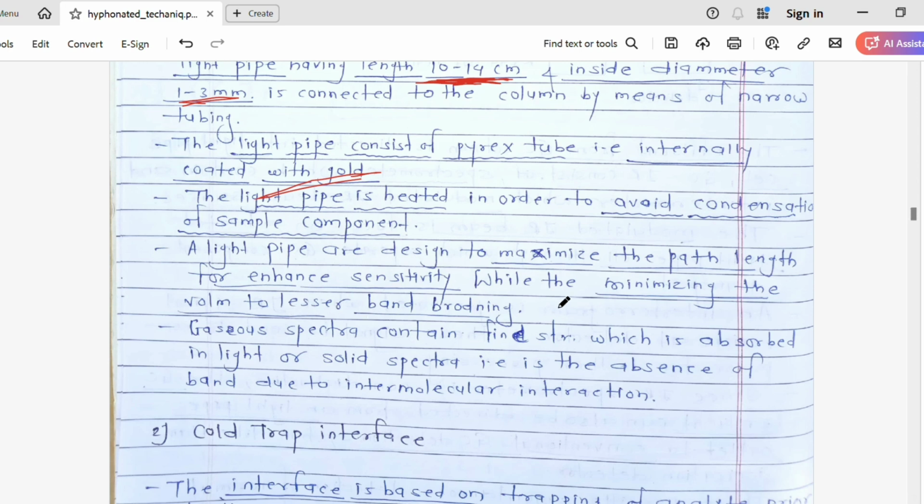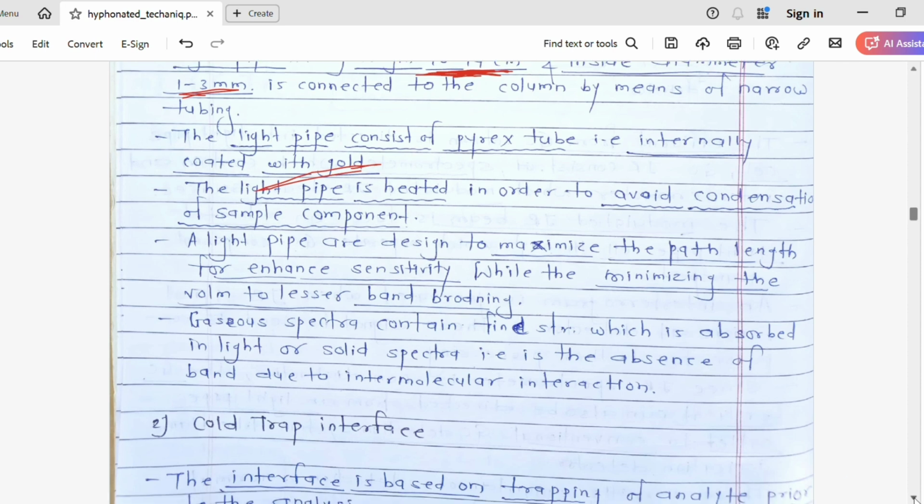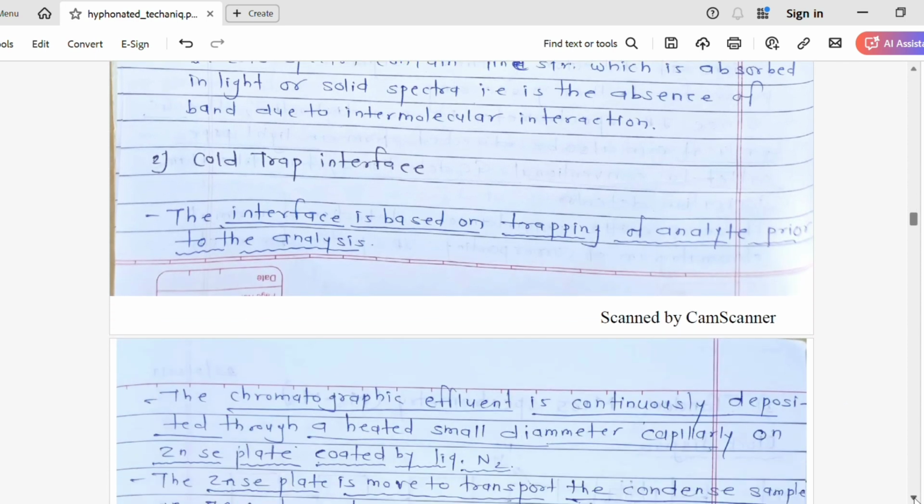The light pipe is heated in order to avoid condensation of sample molecules. Light pipes are designed to maximize the path length and enhance sensitivity, while minimizing the volume. Gas spectra contain fine structure, which is absent in liquid or solid spectra, due to the absence of band broadening from intermolecular attraction.